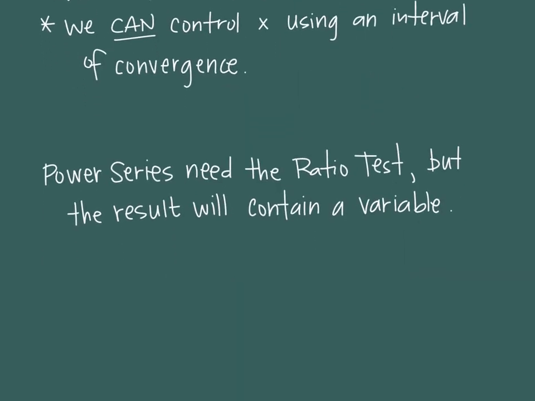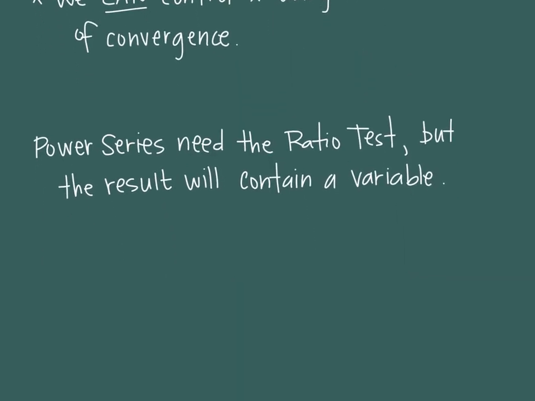So you still do the same procedure if you want to force it to converge. Yeah? So the interval of convergence needs to be less than 1? No, the result that we get, and then we'll find out the interval of convergence after that.